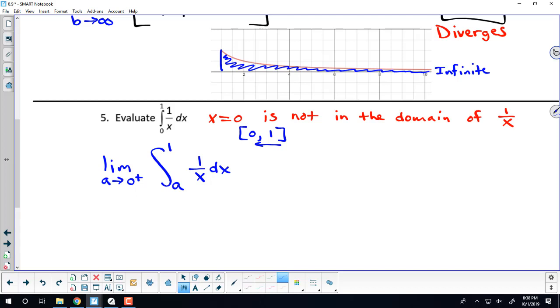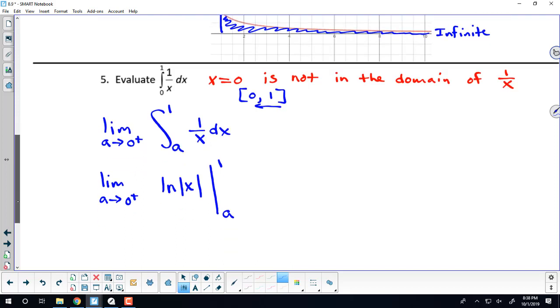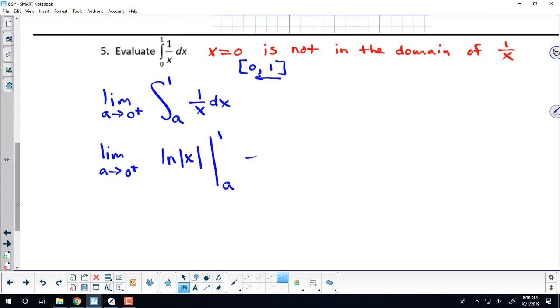Okay, so similar antiderivative, different limit. So we have the limit as a approaches 0 from the right of natural log absolute value of x evaluated from a to 1. We've got a similar thing happening here.